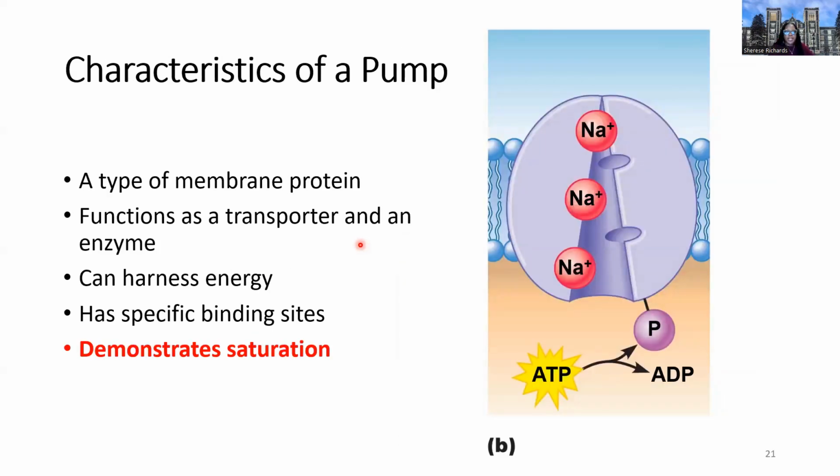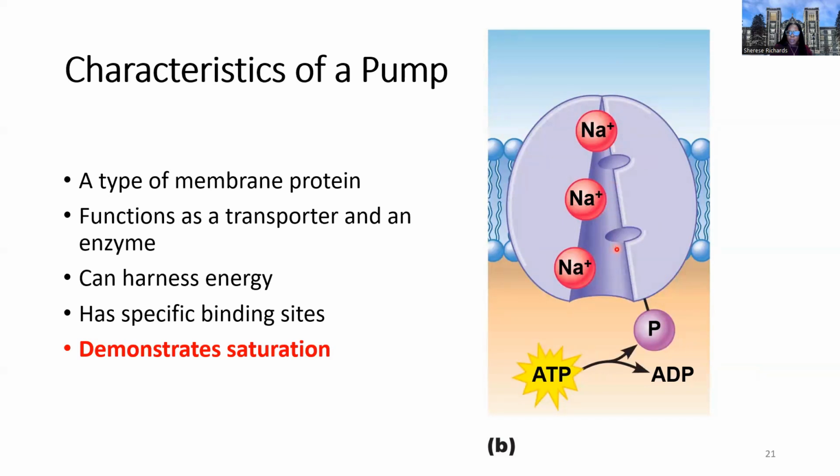Now, what are the characteristics of a pump? One, we said it's a membrane protein, so it's going to be spanning the membrane, just like we mentioned for the other types of proteins. It's going to function as a transporter and an enzyme. So the transporter function of this is to move ions across the membrane.